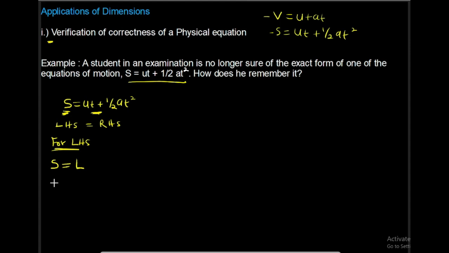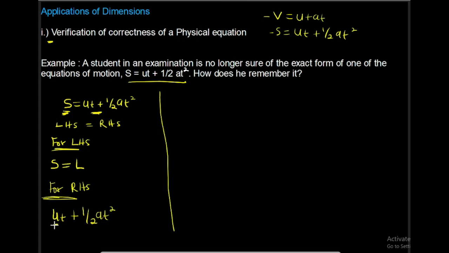Now for the right hand side, let's see if we can get the dimension of the right hand side. On the right hand side, we have ut plus half at squared. Let's try to get the dimension on the right hand side and see if it will be the same as the dimension of the left hand side.